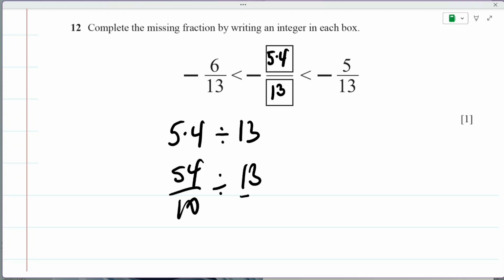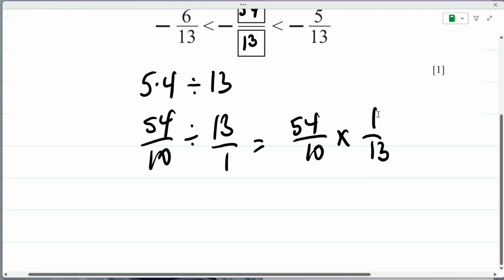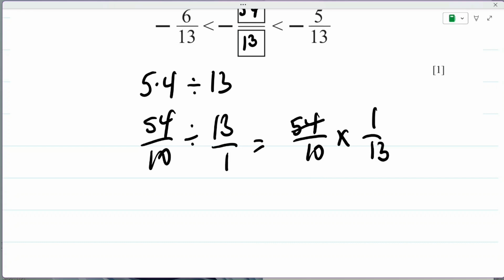You can say 13 over 1. Next, we have 54 over 10 times 1 over 13. Now we change this division to multiplication, then we flip the fraction behind. Now we can work on this. 2 can go in both 54 and 10. 2 in 54 is 27, 2 in 10 is 5.